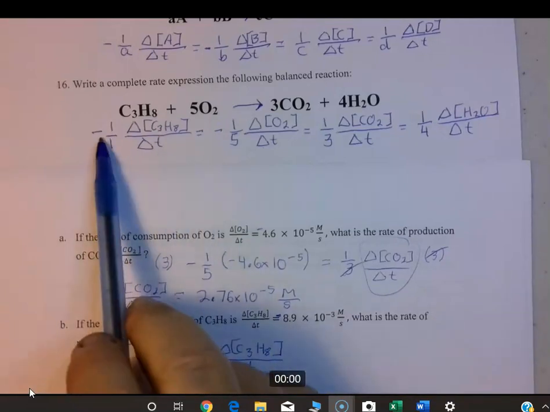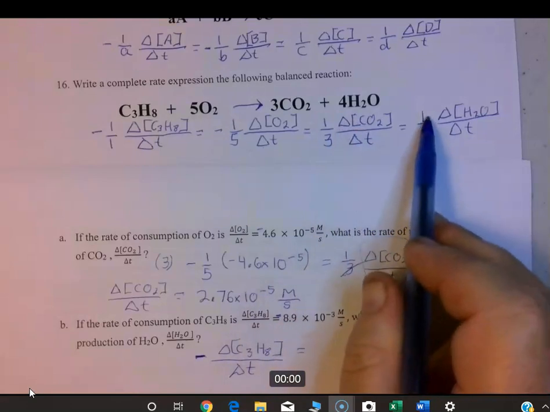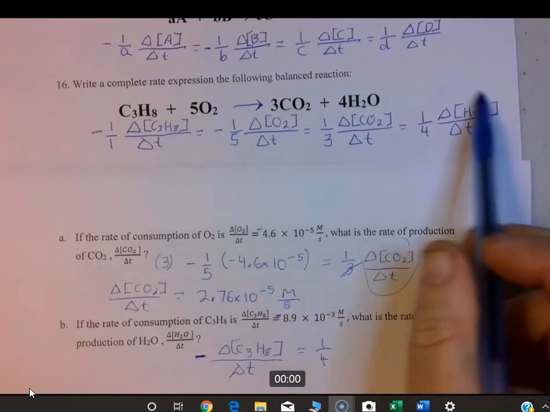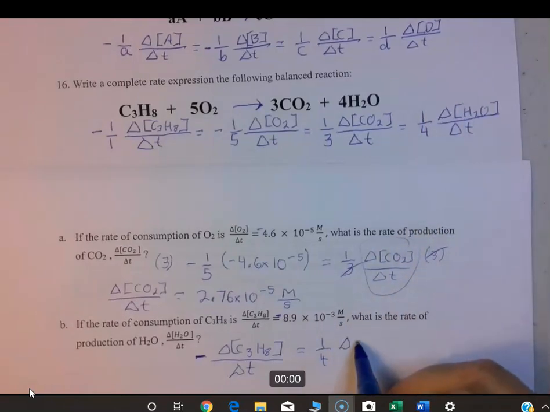Okay, we had it up there, negative 1 over 1, and that's going to equal 1/4. So we're using this rate expression right here, 1/4 delta H2O over delta T, and that's a 4.